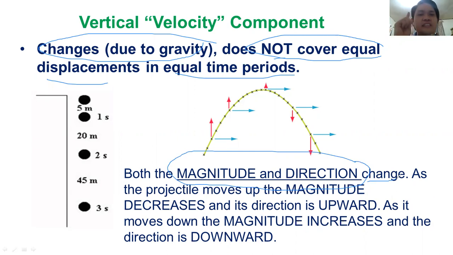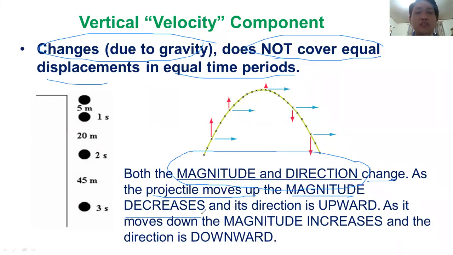Remember this one. As the projectile moves up, the magnitude decreases. Again, as the projectile moves up, what will happen? The magnitude decreases and its direction is upward. Do not forget that.